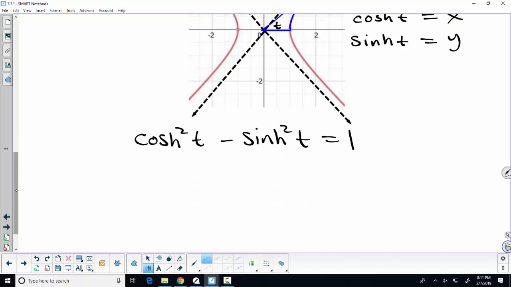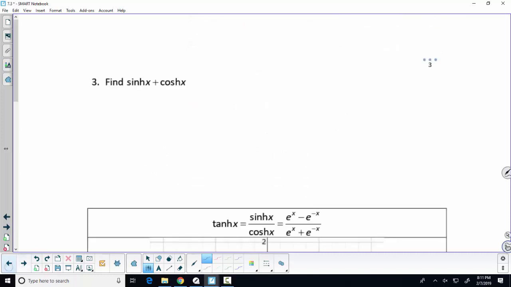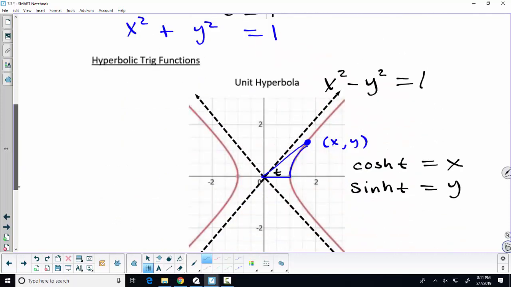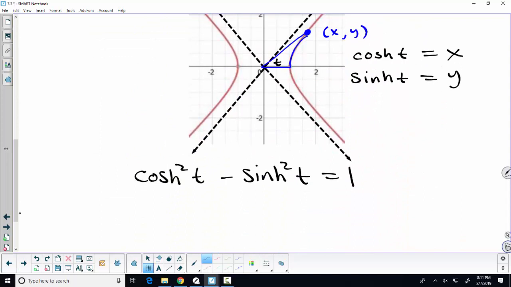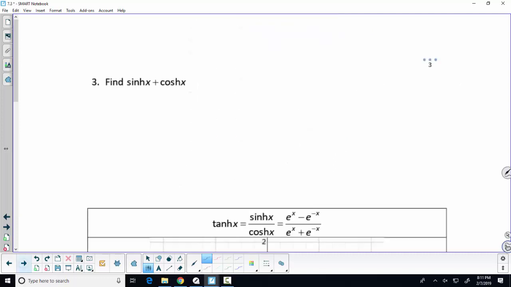Okay, so that's based off of that. And again, we've already seen the definition for cosh of t, e to the x, etc. So we know how to define these two things in terms of exponential functions. Working with things like number 3, find what sinh plus cosh is.